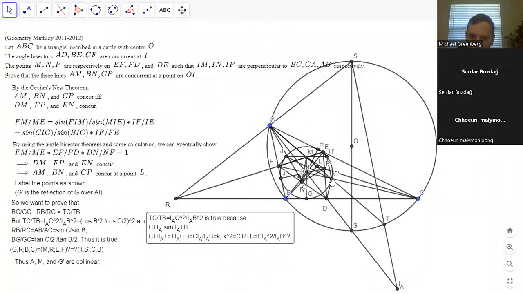Okay, because then we're saying triangle G prime H prime J prime is homothetic to ABC, with sides that are parallel from angle chasing.